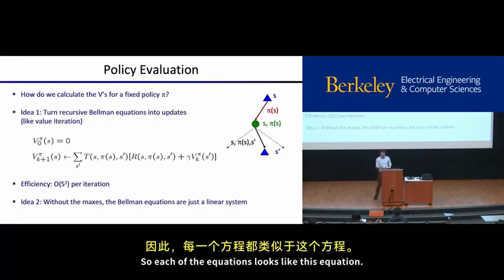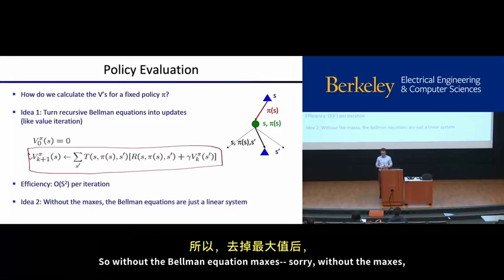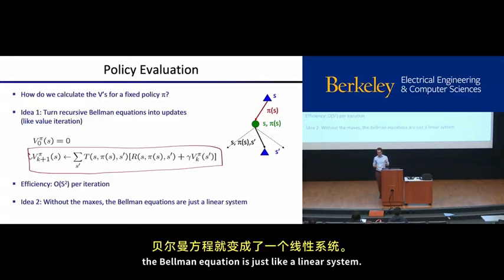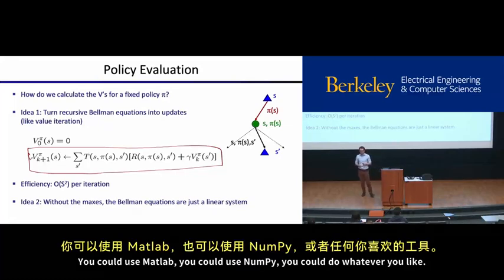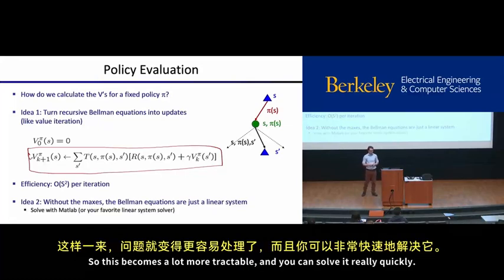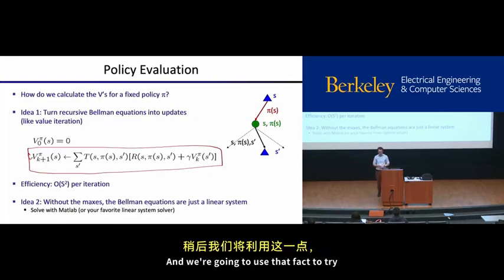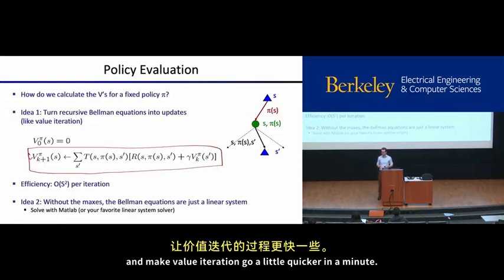Each of the equations looks like this equation. So without the maxes, the Bellman equation is just a linear system. You can solve it using your favorite linear system solver. You could use MATLAB. You could use NumPy. You could do whatever you like. So this becomes a lot more tractable, and you can solve it really quickly. And we're going to use that fact to try and make value iteration go a little quicker in a minute.